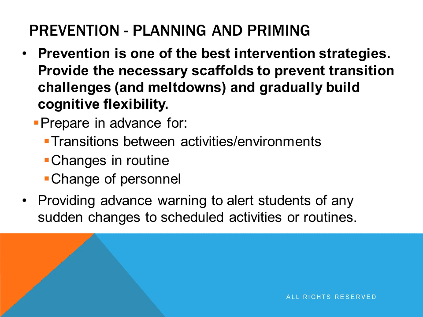Through prevention measures, priming, and providing the necessary scaffolds, we address transition challenges and slowly increase cognitive flexibility. It is important to prepare in advance through visual support and role play for transitions to routines and personnel, and to provide advance warning whenever possible.